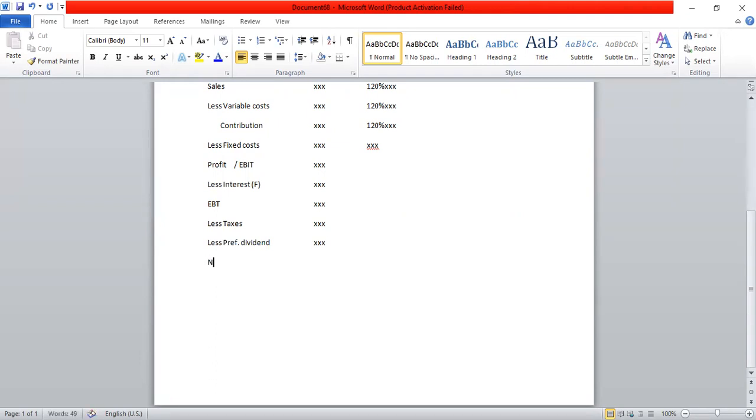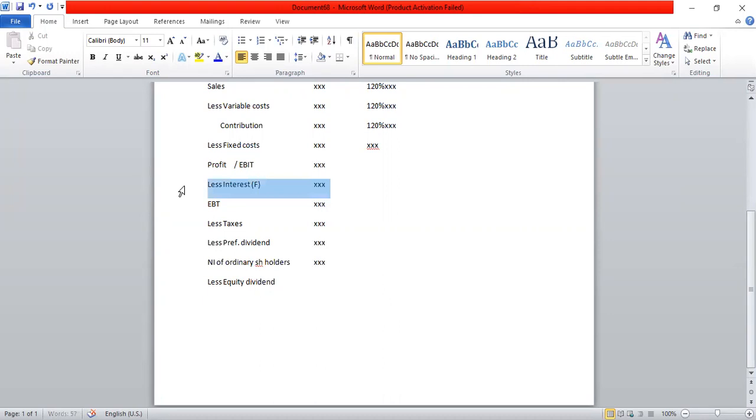This is called net income of ordinary capital, ordinary share capital. Then less equity dividend.